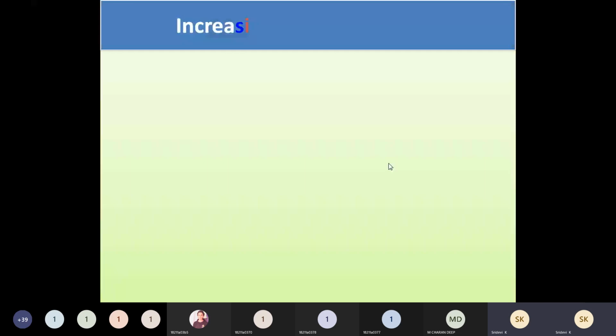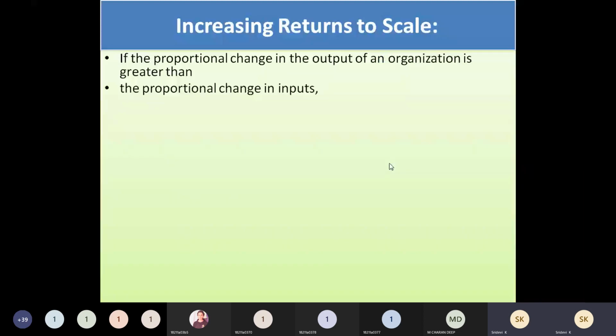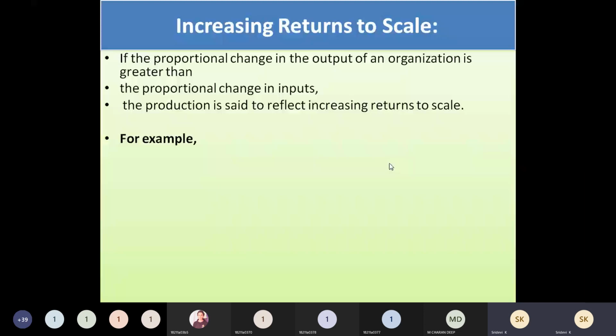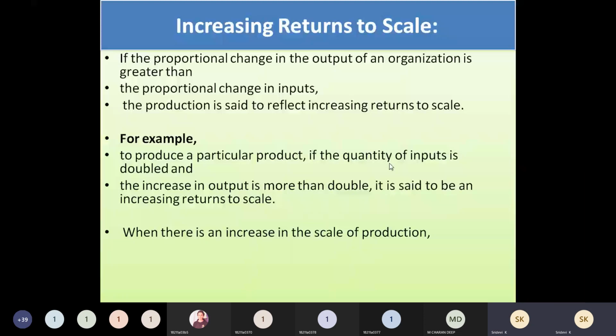So why this increasing returns to scale appears, and what you have to explain here, as I have explained in words, the same thing you explain in terms of words, how this is reflected. So that you have to write here, as I am showing on the screen. This is a very simple topic which you can easily write.